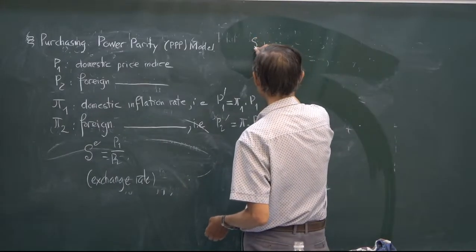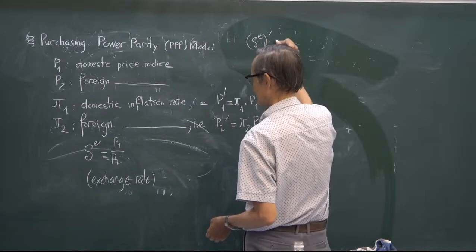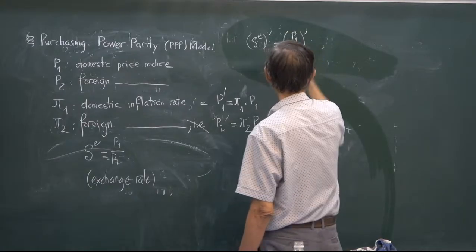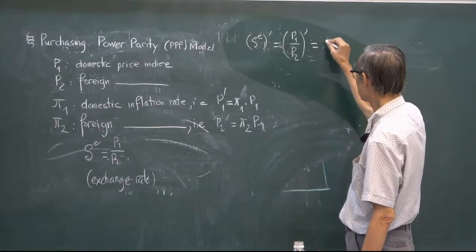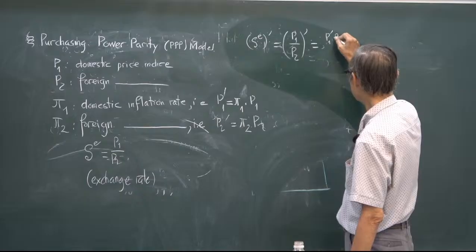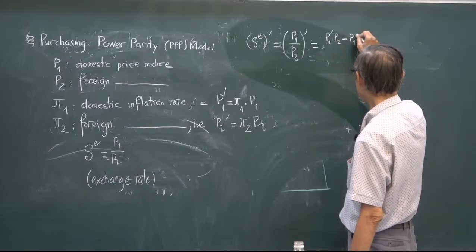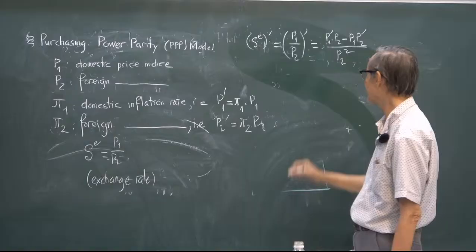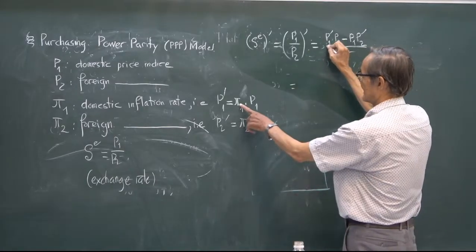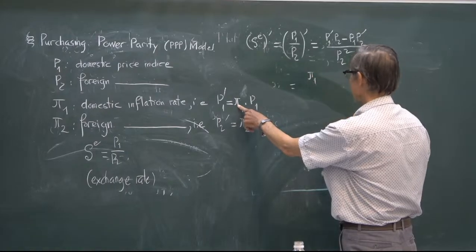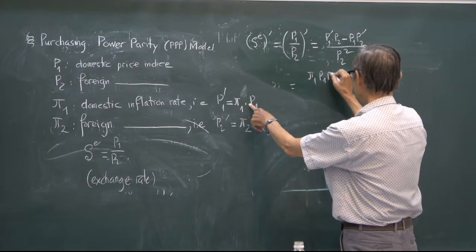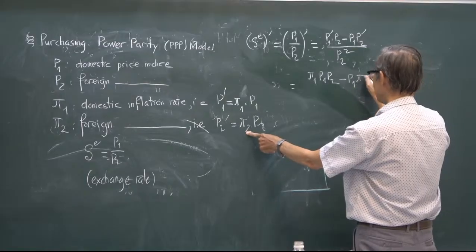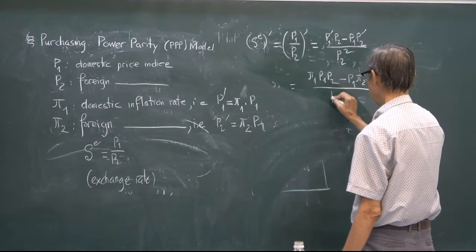Now we have S E prime equals P1 over P2 prime, equals P1 prime P2 minus P1 P2 prime over P2 square, equals P1 pi 1 P1 P2 minus P1 pi 2 P2 over P2 square.